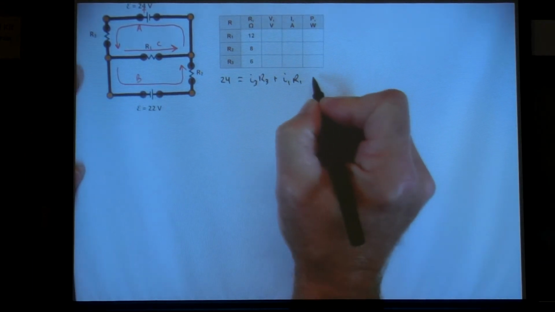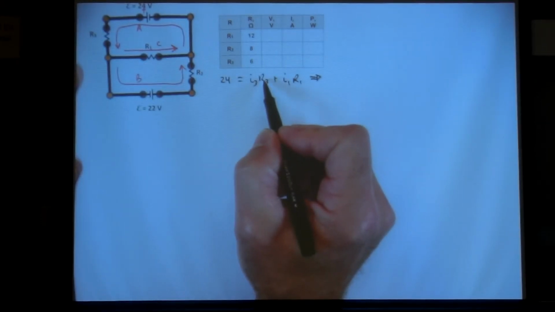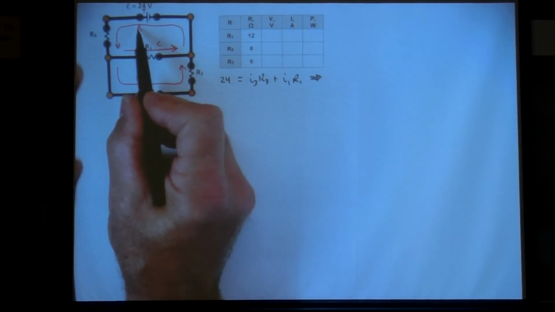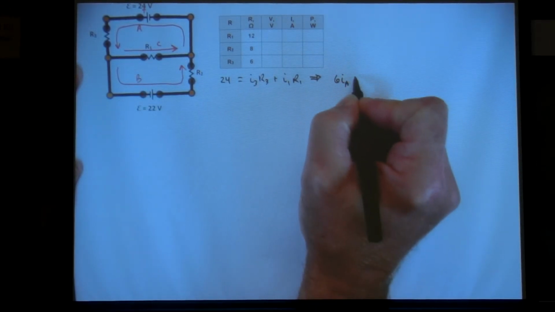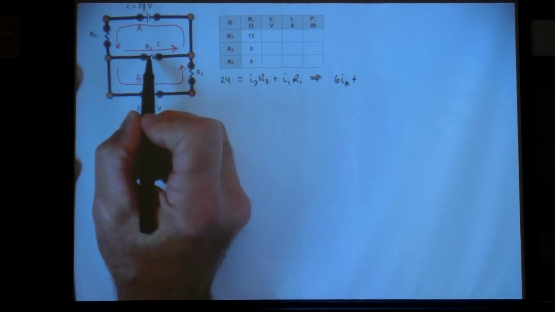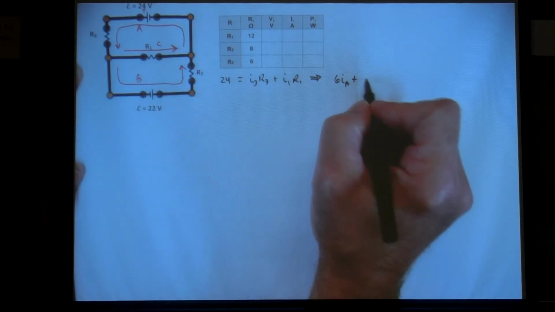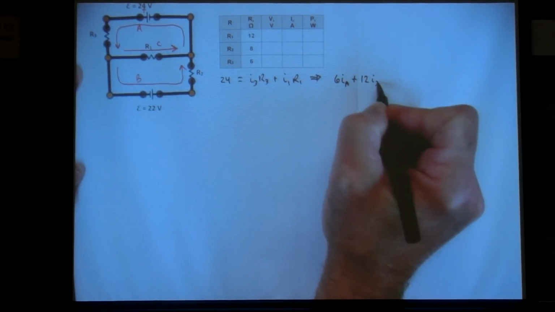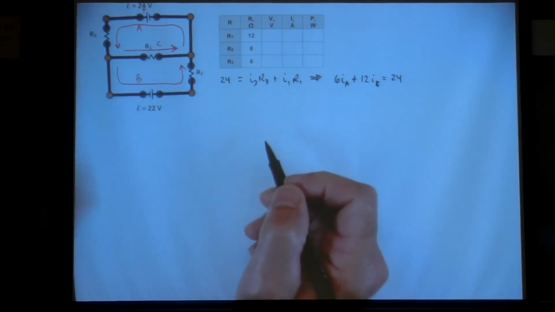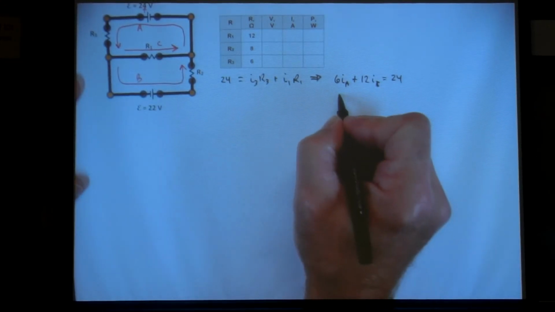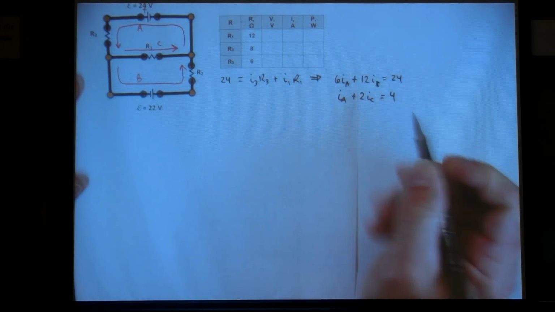Now if I go ahead and substitute in, R3 is 6 and I3 is current A, so I'm going to call that 6IA plus I1 is IC and R1 is 12, so that's 12IC, and that's going to equal 24. Now I can divide all of that by 6 and get IA plus 2IC equals 4.